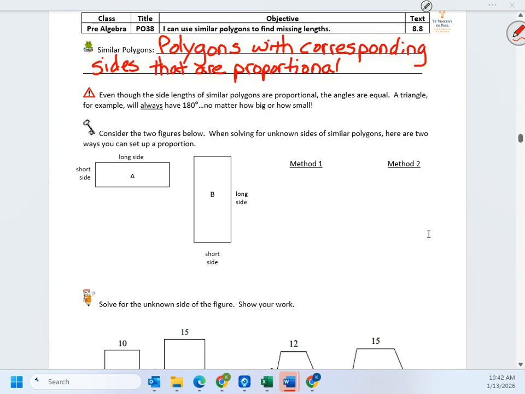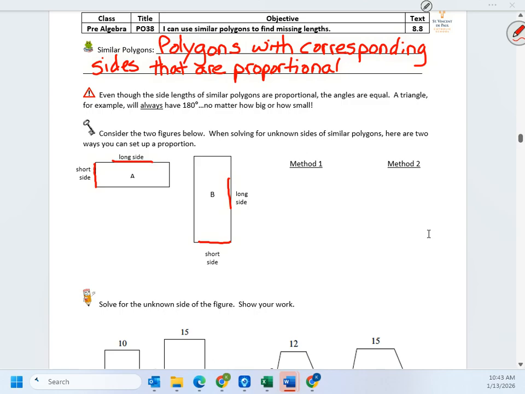So let's look at these two. We have short sides and long sides of those rectangles. We're going to use short and long to match things up, because the short for this matches up with the short here, the long for the A rectangle matches up with the long for the B rectangle.